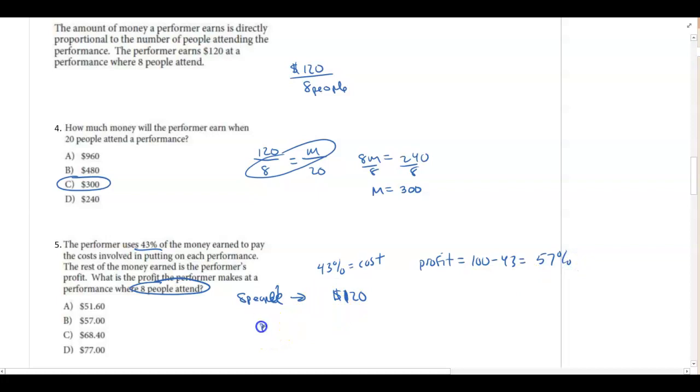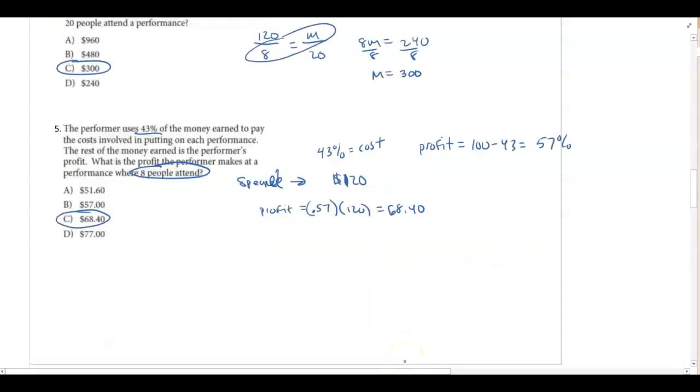So the profit, easiest way to figure it out would be 57% is 0.57 times 120, and 0.57 times 120 would give you $68.40, letter C. The other way to do it would be to do 0.43 times 120 and then subtract it to get the difference.